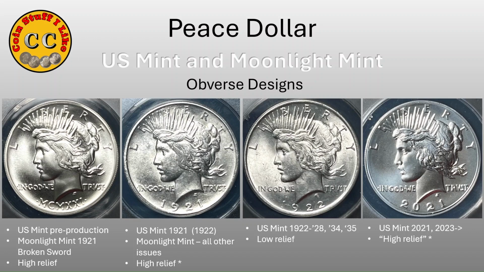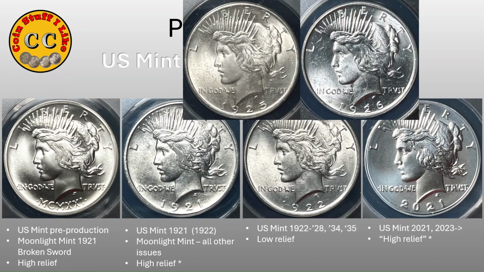The only other thing that I'll bring up in this space of time between 22 and 35, they pretty much ran with this low relief design. But in 1926, they re-engraved and boldened up God in the motto.